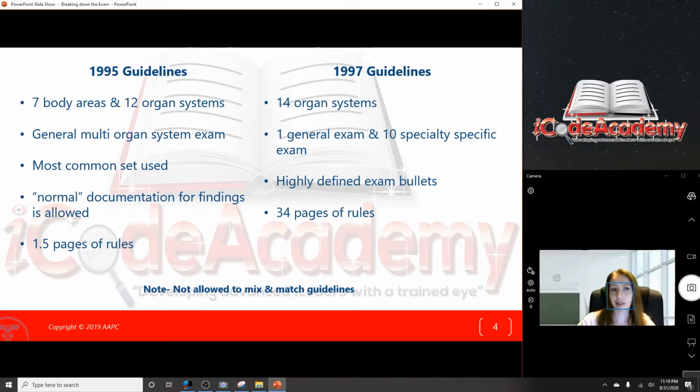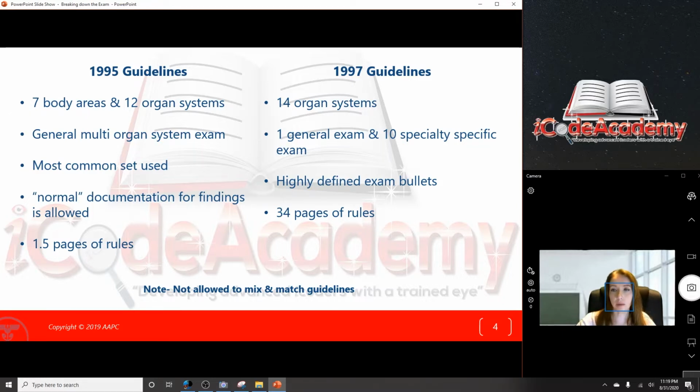And again, like I said before, it's the most common set that we're going to be using as coders. It is completely acceptable for a provider to document or use the word normal when it comes to relatively normal exam findings. And the rules overall are about 1.5 pages, pushing 2 pages.